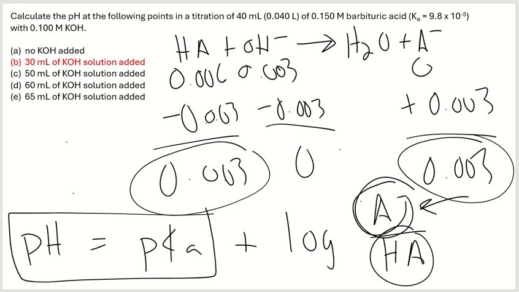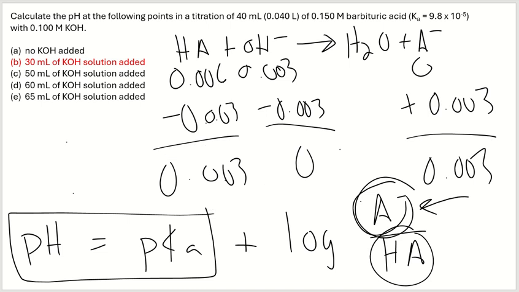So for the Henderson-Hasselbalch only, when you do pH calculations, you can be just in moles and not in concentration. Whenever you solve for pH using negative log of H plus, or whenever we use the RICE table equilibrium, Ka equals x squared over concentration, those have to be in concentration. But only for the Henderson-Hasselbalch can you keep it in the number of moles.